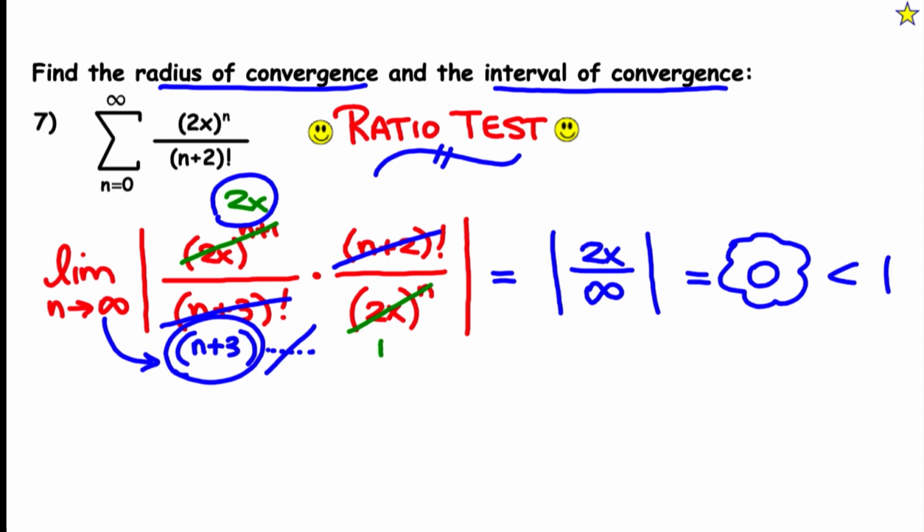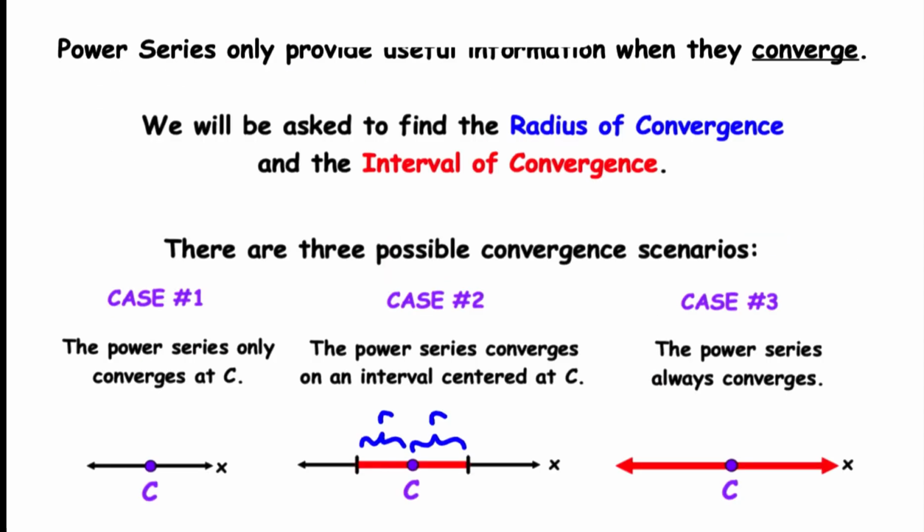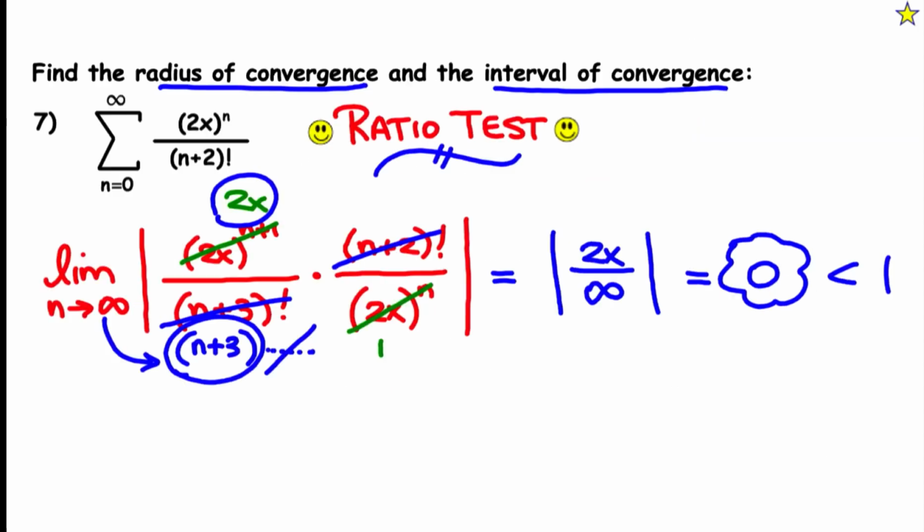And where does that happen? Well, everywhere. We've got a case 3 situation on our hands. So since 0 is always less than 1, the radius of convergence will be infinity, and the interval of convergence is all real numbers.